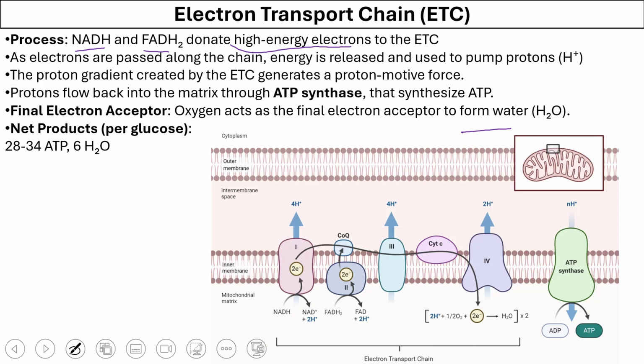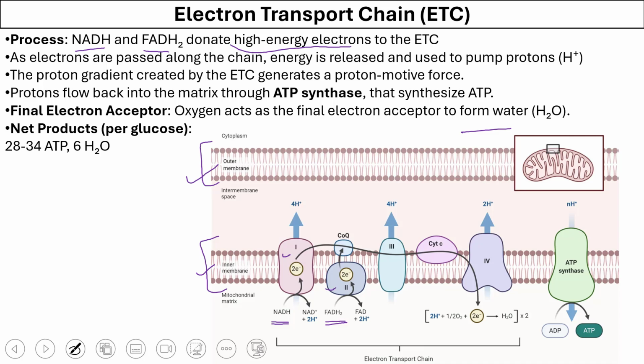This is the double membrane of mitochondria. This is the outer membrane and this is the inner membrane. The inner membrane has the complexes of the electron transport chain. Here you will see that NADH enters at the first complex and FADH2 enters at the second complex.